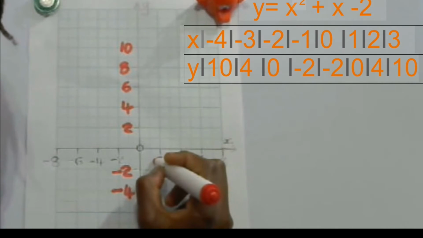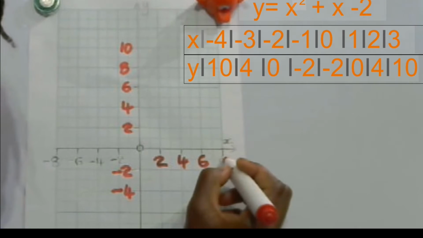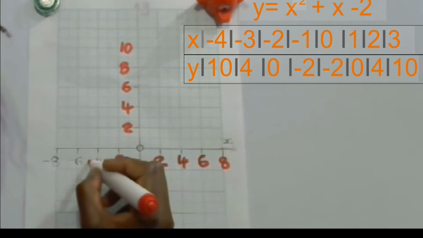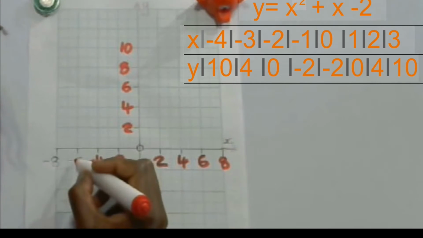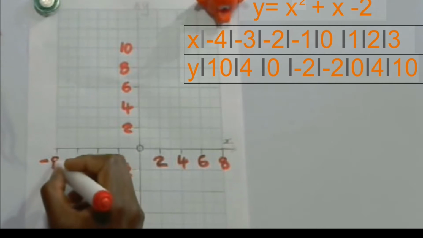And then we've got a 2, a 4, a 6, and an 8, and negative 2, negative 4, negative 6, and negative 8.